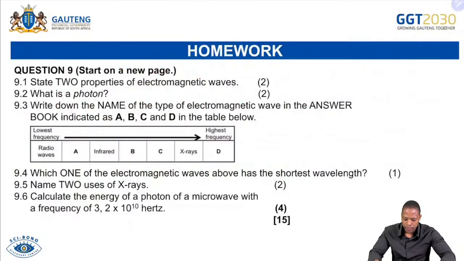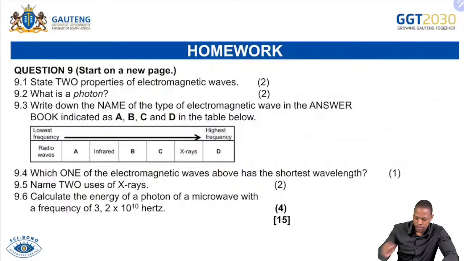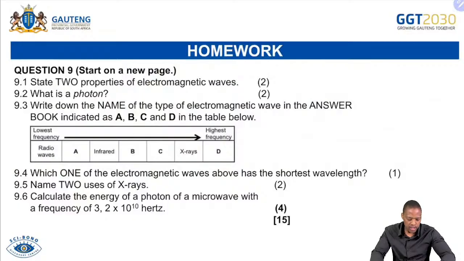Right. For your homework, there is a question taken from a previous question paper. State two properties of electromagnetic waves. What is a photon? Write down the name of the type of electromagnetic waves in the answer book. As you can see, the diagram is showing them, and they've even helped you with lowest frequency and highest frequency.